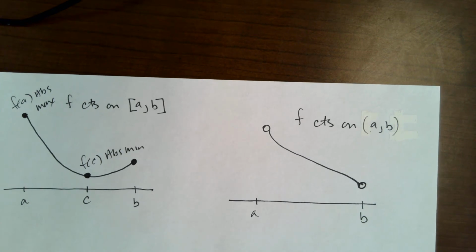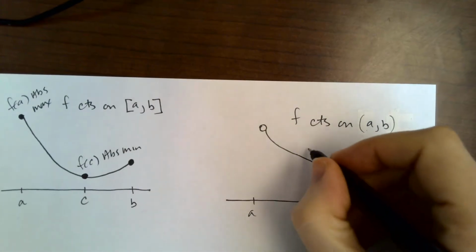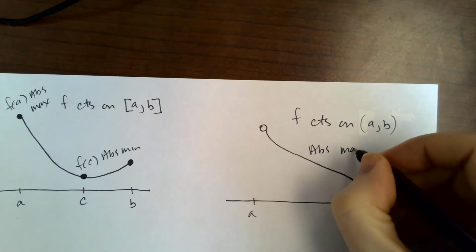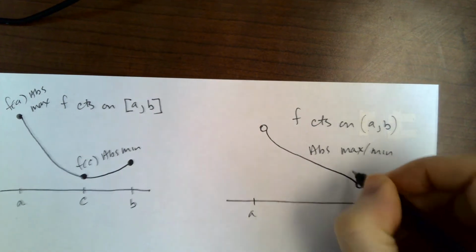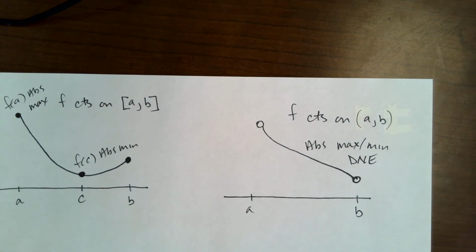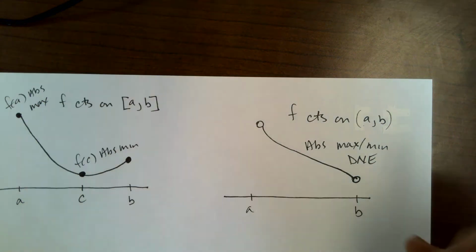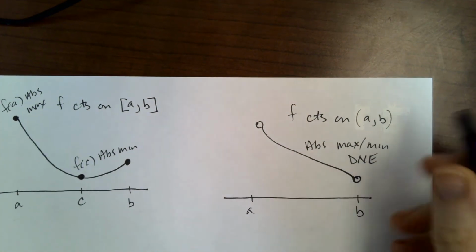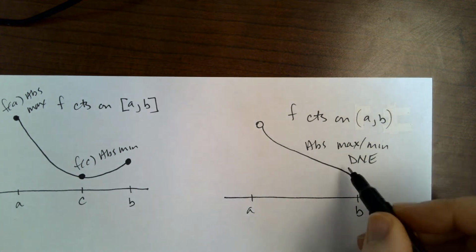And guys, the absolute max and min do not exist because, and we actually talked about this the very first day of calc, if you've got an open interval, think of this sequence of y values.